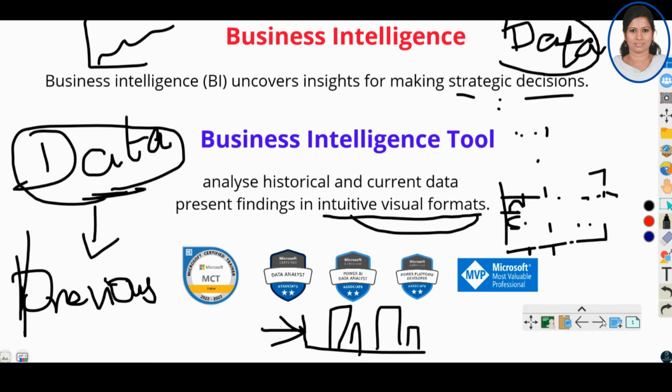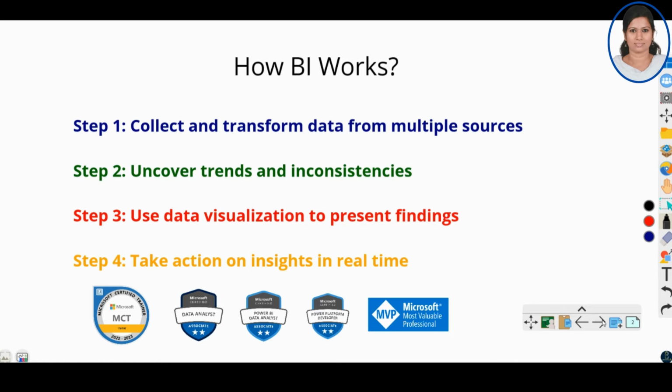Now let us see how business intelligence exactly works. The very first step in business intelligence is to collect and transform data from multiple data sources. These four key steps are what business intelligence follows to transform raw data into easy and digestible insights for everyone in the organization to use.